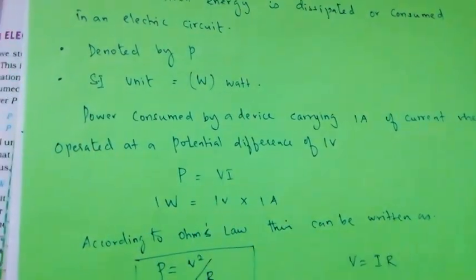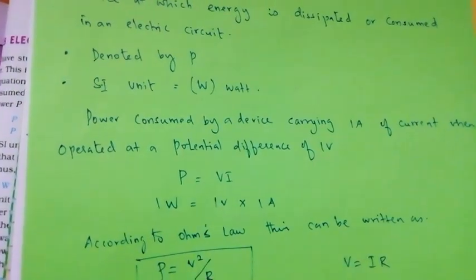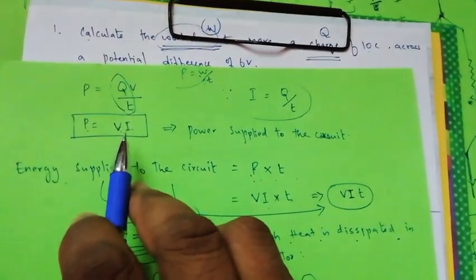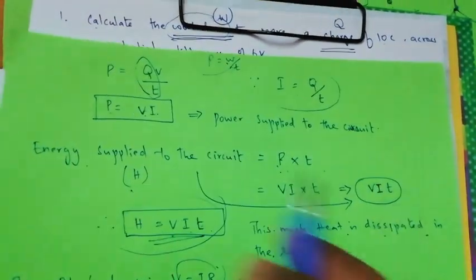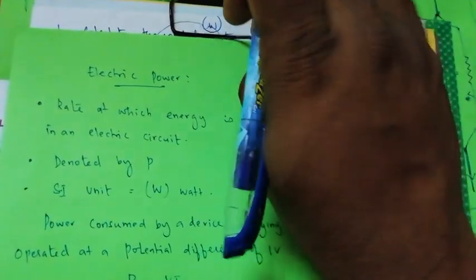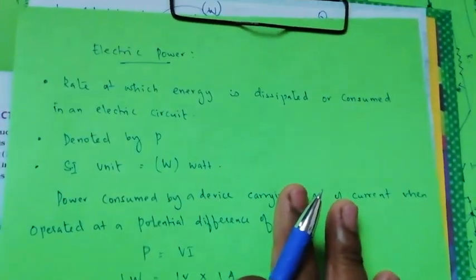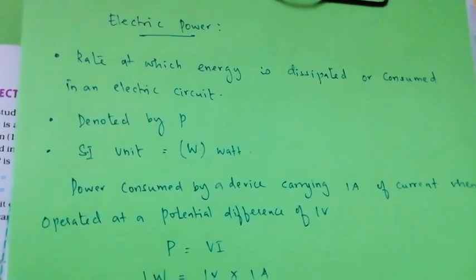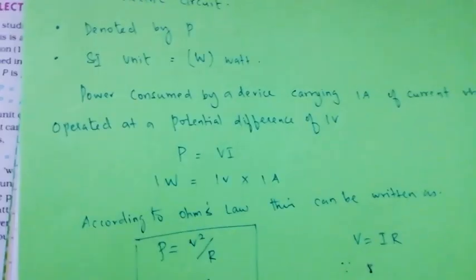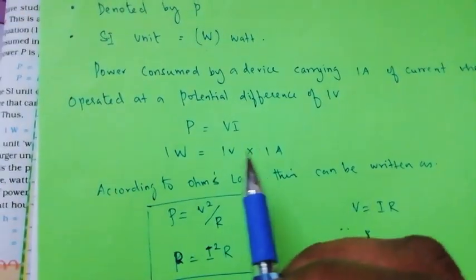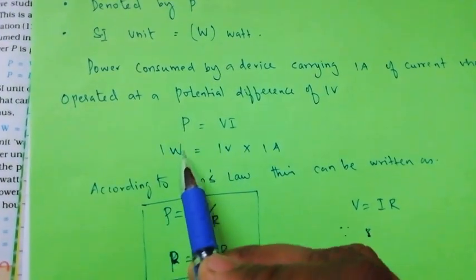Just before, we learned what power is, and I want to remind you once again that power is nothing but VI, the rate at which energy is consumed in an electric circuit. So P is equal to VI. What is the SI unit? Power can be written in watts.